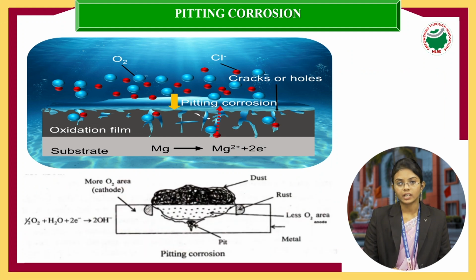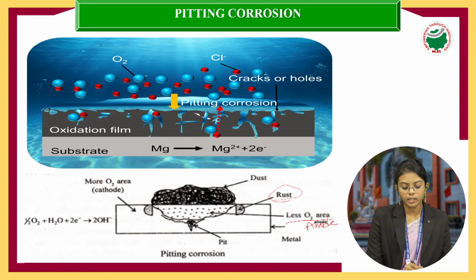So by means of any dust or any damage to the protective film, you can see the formation of a cavity, where in the cavity you can see the formation of rust. And that pit part or the cavity part is known as the less oxygenated area, that means your anode.